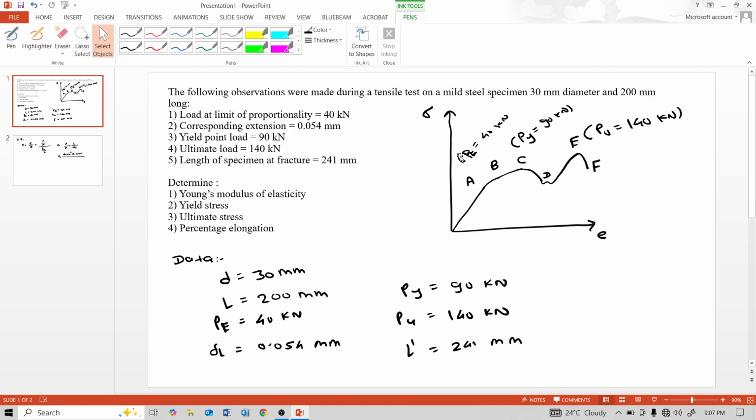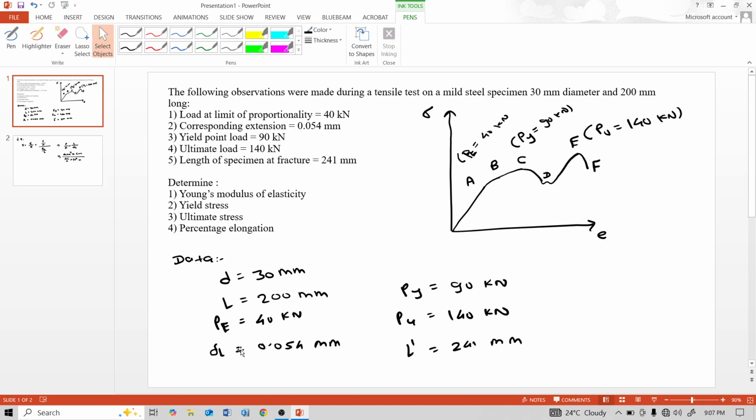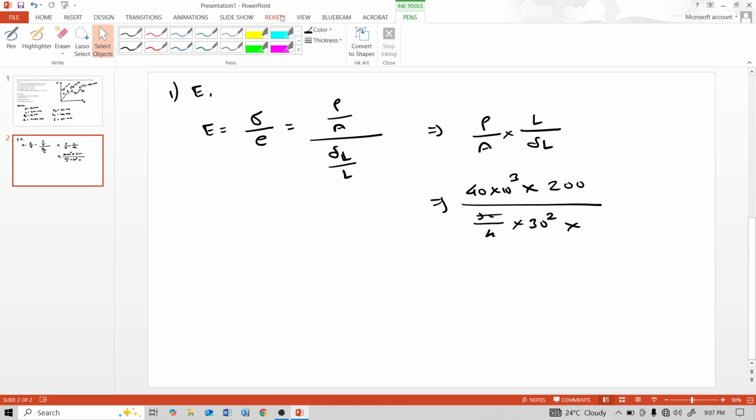Diameter of bar is 30 mm and the area of that bar is pi by 4 into 30 square, multiplied by change in length. Change in length is 0.054, the extension corresponding to the load at limit of proportionality, 40 kilonewton.